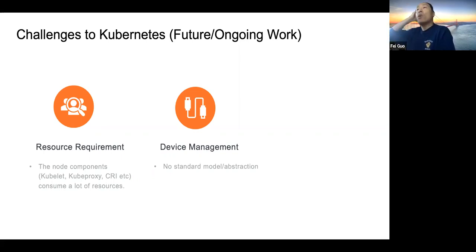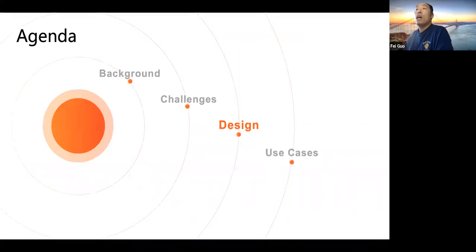In the coming slides we will talk about our way to resolve device management, but I do think this is still challenging because there are too many types of devices with too many differences in requirements. Managing those devices in Kubernetes is quite challenging. Yeah, so these are the challenges that we see in managing edge use cases using Kubernetes.